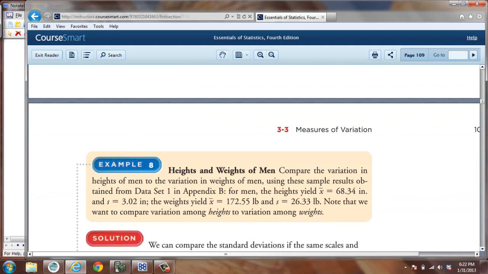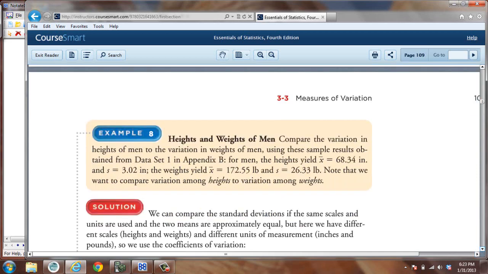Okay. So in this example, men have heights with a mean equal to 68.34 inches and a standard deviation of 3 inches. Their weights have a mean of 172.55 and a standard deviation of 26.33. And we want to compare variation among heights to variation among weights. Now you can see the two means are different, so it really doesn't make much sense to compare the two standard deviations here.